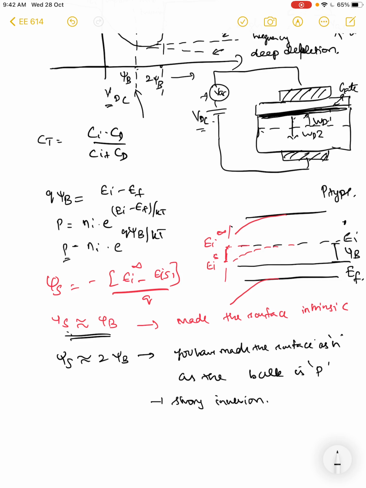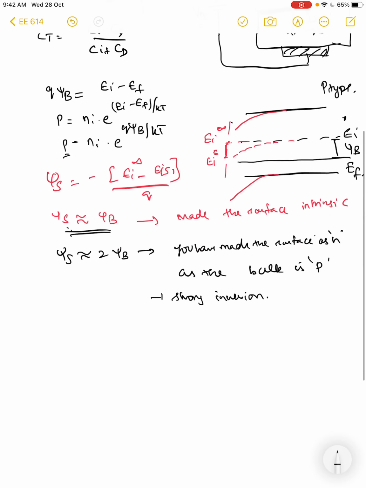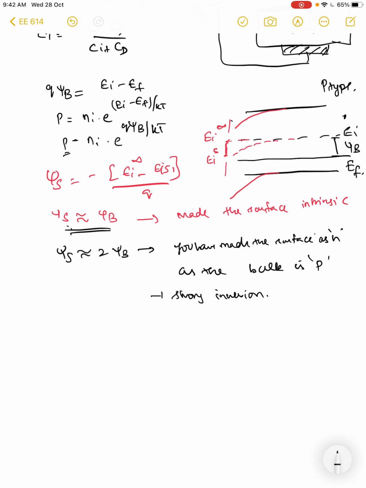So now that we understand the ideal characteristics, let us look at the non-ideal situations, particularly two things. One is, initially we assumed that the metal and semiconductor work functions are the same, right, in our treatment.